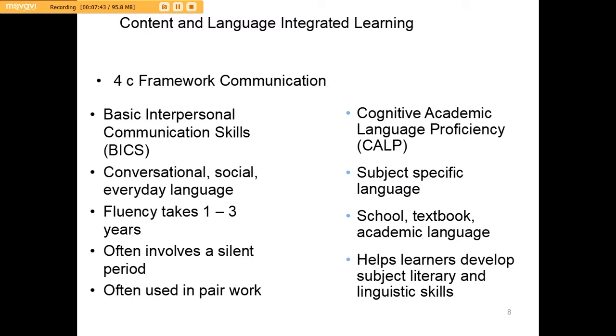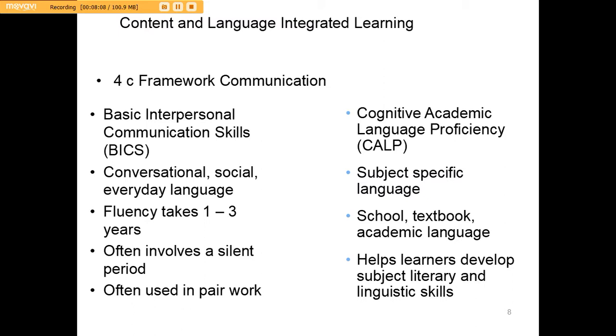The other side of the language section is CALP, which stands for Cognitive Academic Language Proficiency. So this is subject-specific language. This is the language they get from the school, from the textbook, from the academic language. Perhaps it could be vocabulary related to energy consumption or energy production.